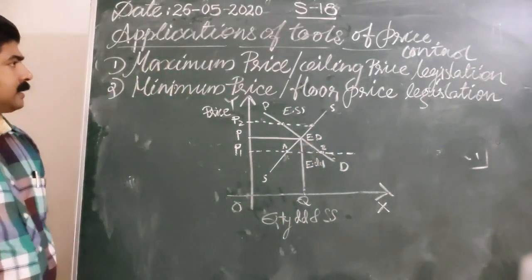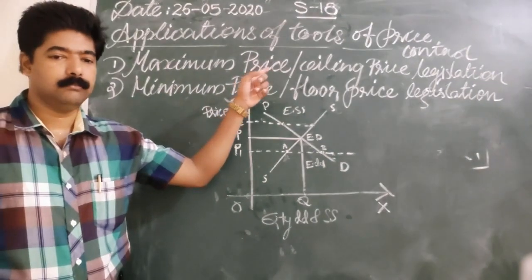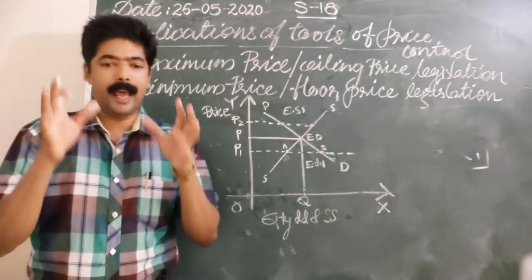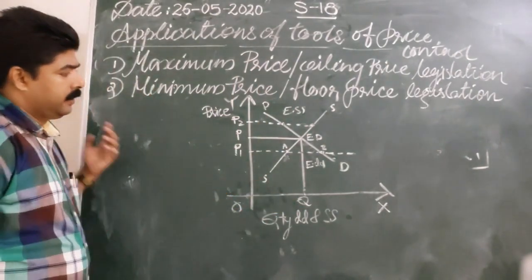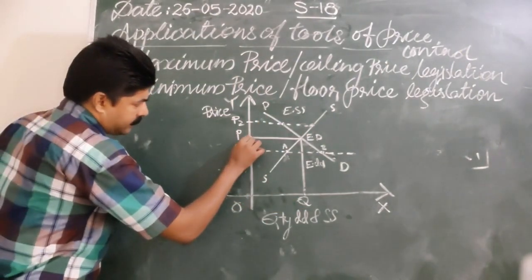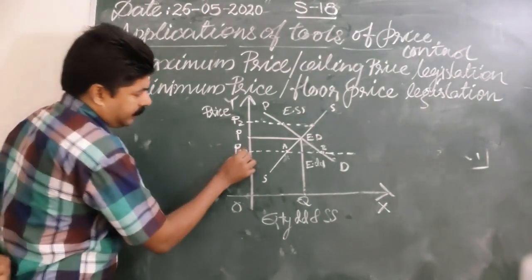Now what about the maximum price? Look at the effect on price and quantity according to the variations. If the price falls, look at what is happening here.